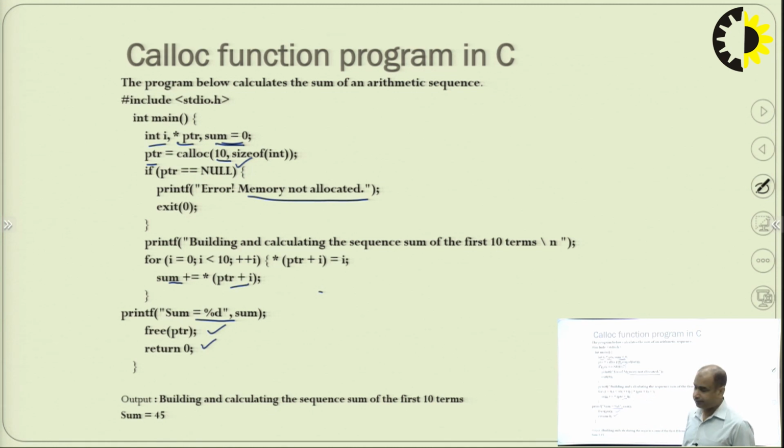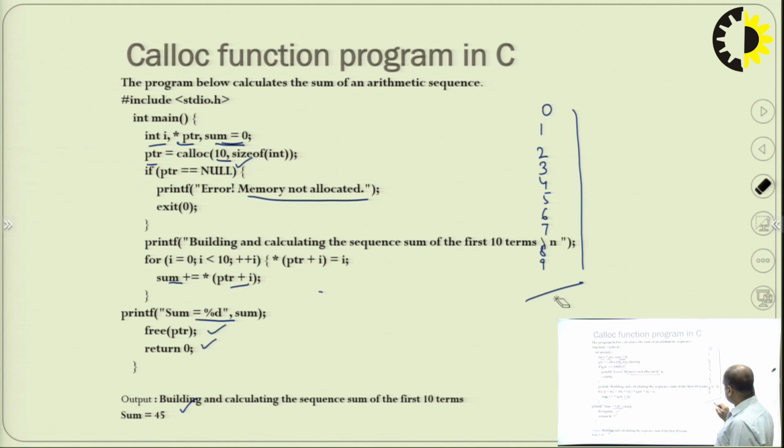After building and calculating the sequence of the first 10 terms, the sum will be 45, because it is taking 0, 1, 2, 3, 4, 5, 6, 7, 8, 9. The sum of all these terms will be 45.